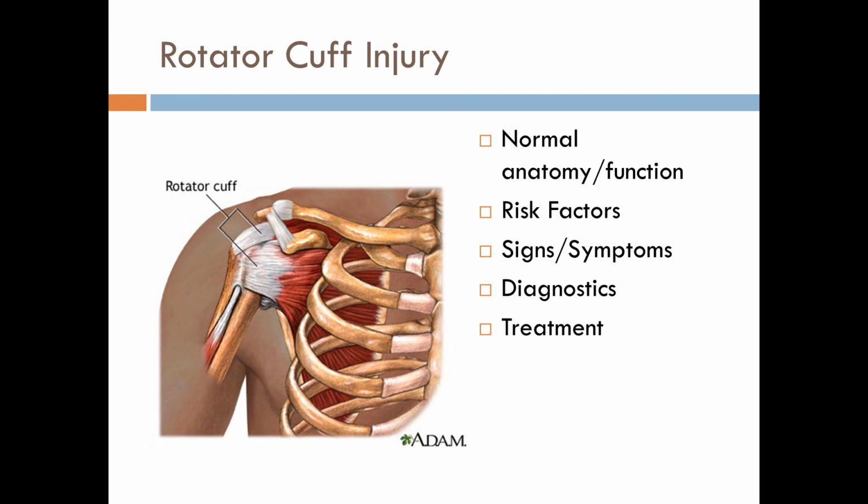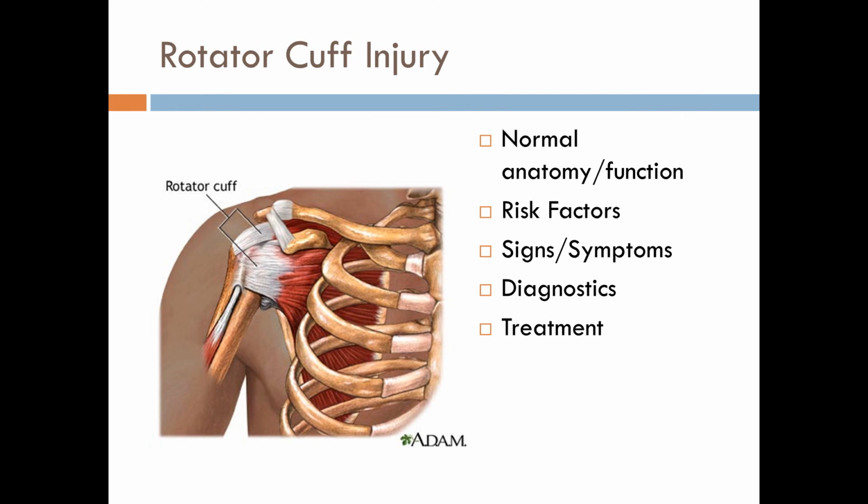Degenerative changes of the rotator cuff may be associated with normal aging. However, a lot of times it's associated with repetitive stress to the joint. If you think about people who do a lot of things with their arm over their head, like swimming or tennis or baseball, they a lot of times have rotator cuff injury.